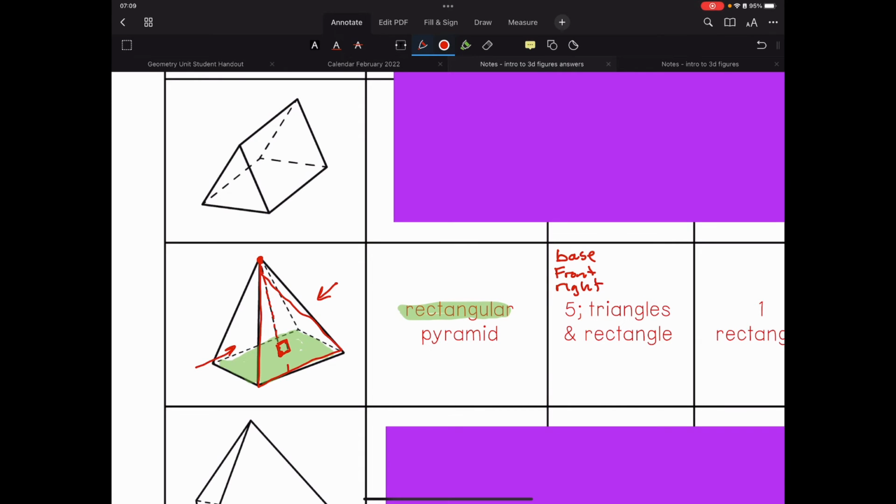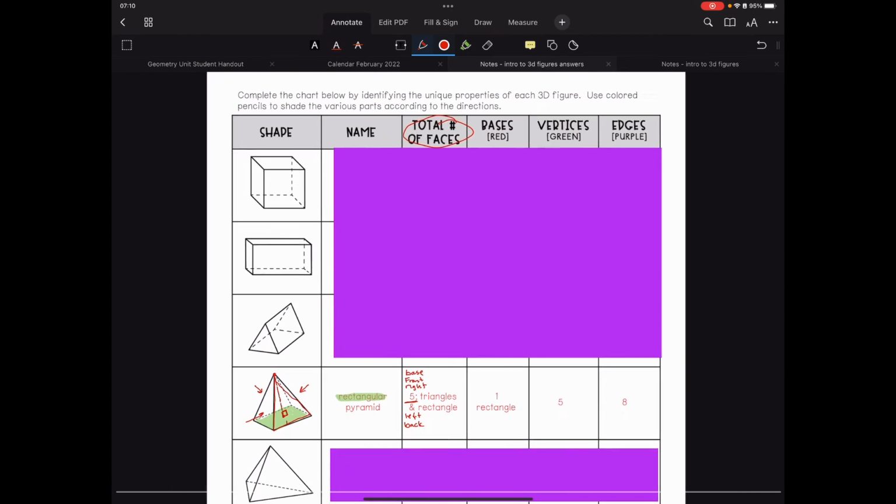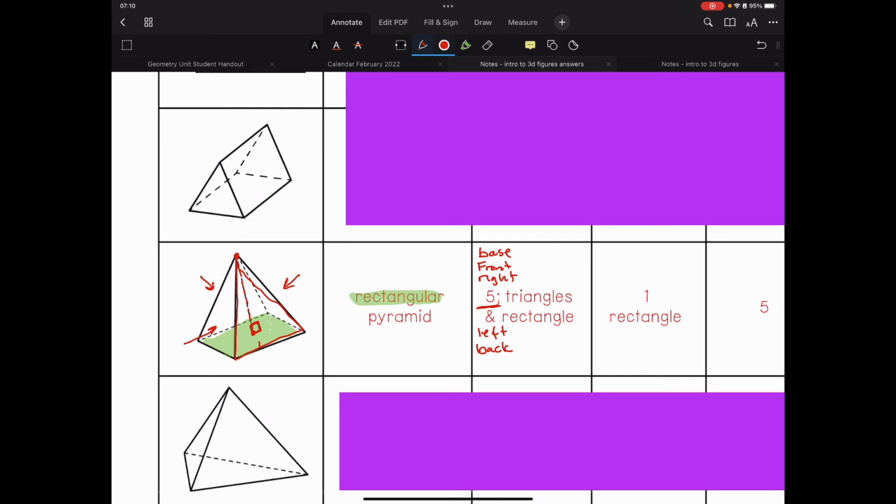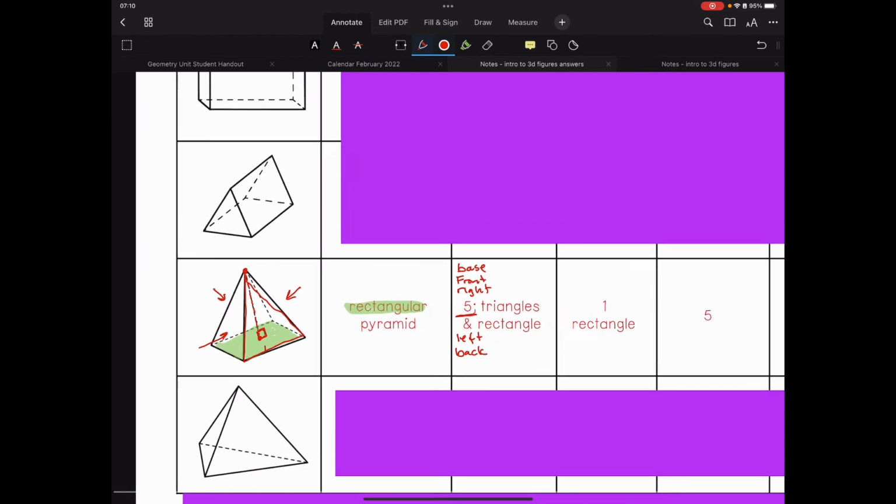There's a left side. And there's a back. So that would be 5 faces. And the faces are triangles and a rectangle. So there's 4 triangles and 1 rectangle, right?